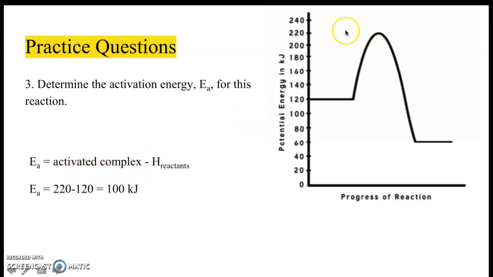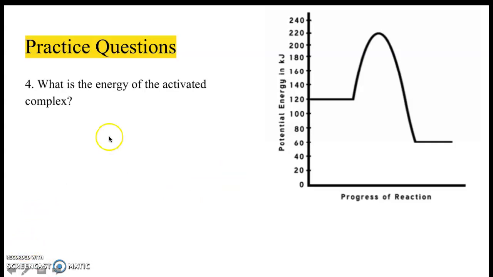So if we take the activated complex, 220 minus 120, it's about 100 kilojoules of energy in order to activate this reaction. Our next question, how much energy is in our activated complex, or what is the energy of our activated complex? You need to know the activated complex is at the very top of the hump, and the energy for that would be about 220 kilojoules.